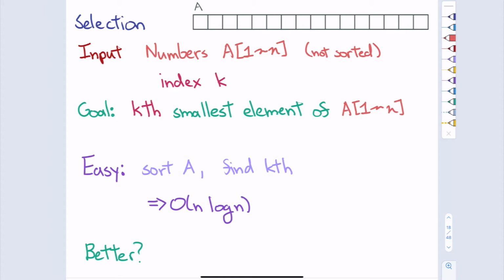Let's talk about selection in the remaining time. So I give you an array of, say, numbers, but in general comparable elements, n elements. And I ask for the kth biggest one. Or maybe a simple case, I ask for the median of this array. The easiest thing to do, of course, is to sort the array and then pick out the median.